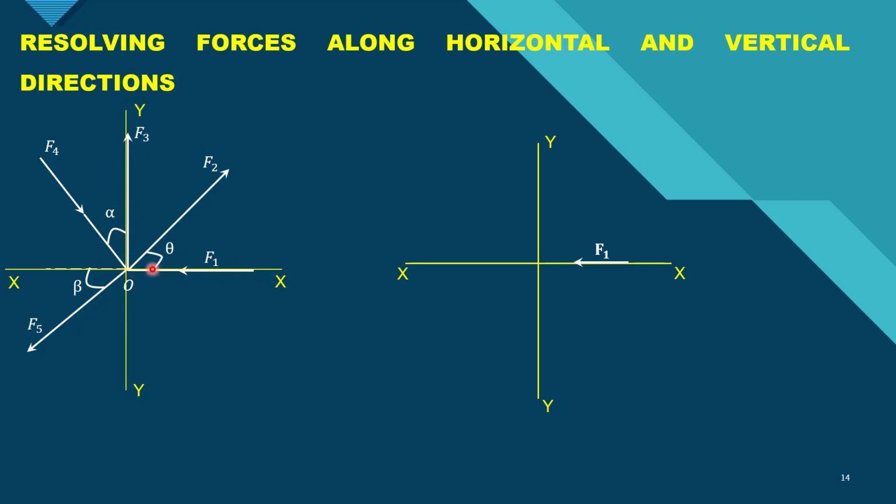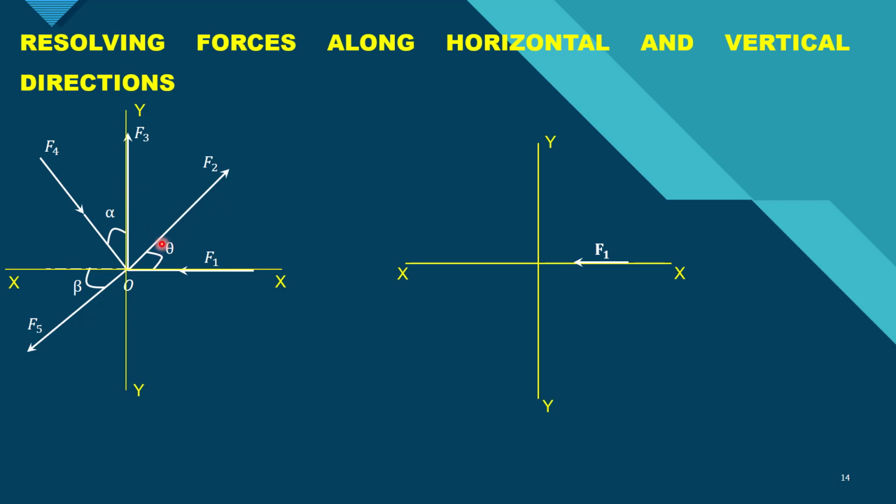So one force will be acting along this line and the other component will be acting along the y direction. Then one more point is to be remembered. Here you can see that force F2 is acting away from the point O. So the components of this force also will act away from the point. So the horizontal component will be acting towards right and the vertical component will be acting in the upward direction.